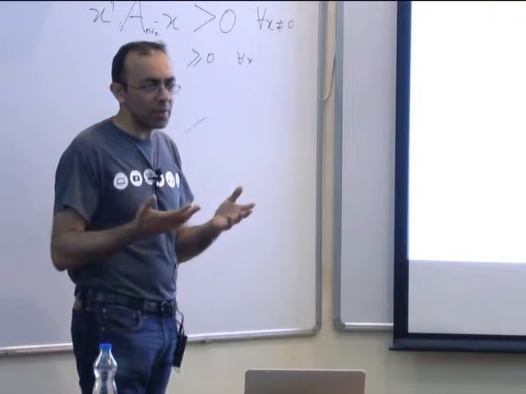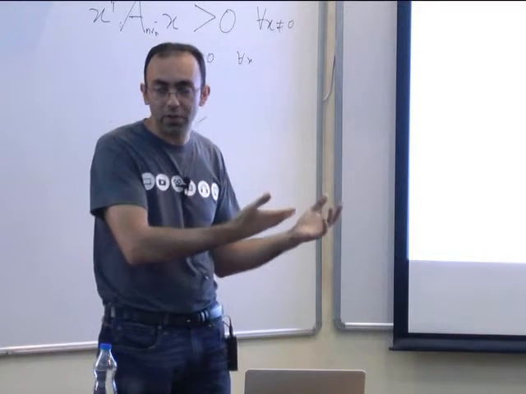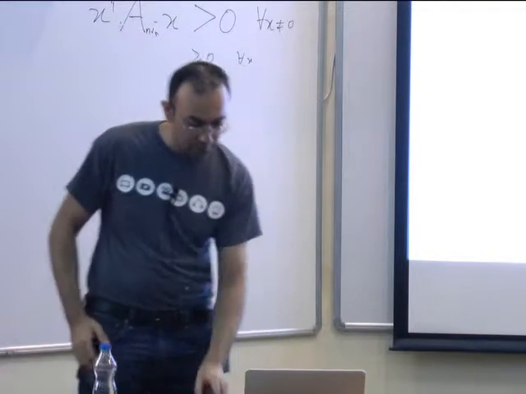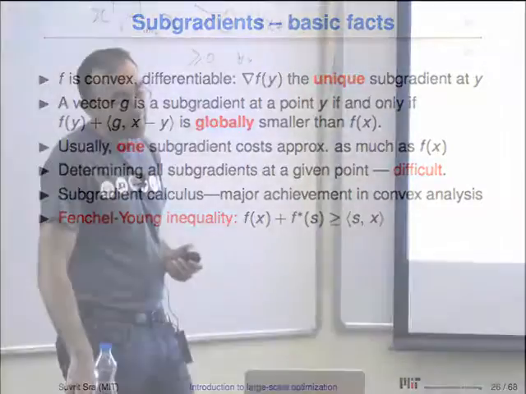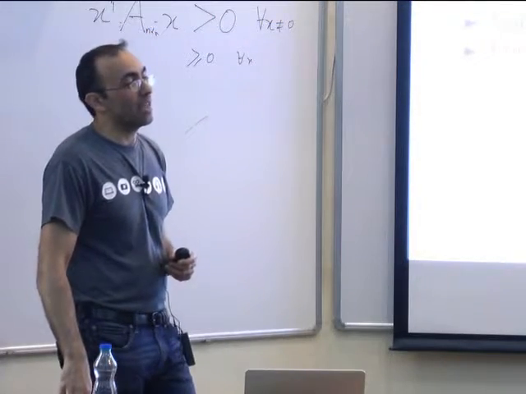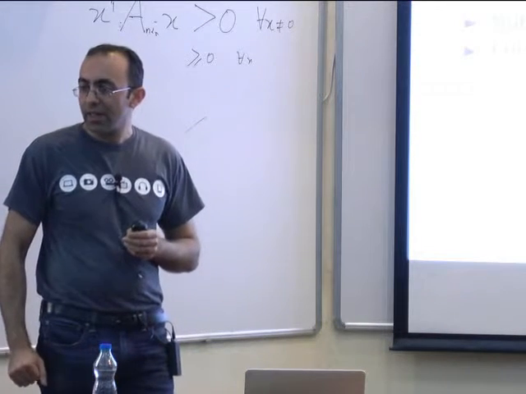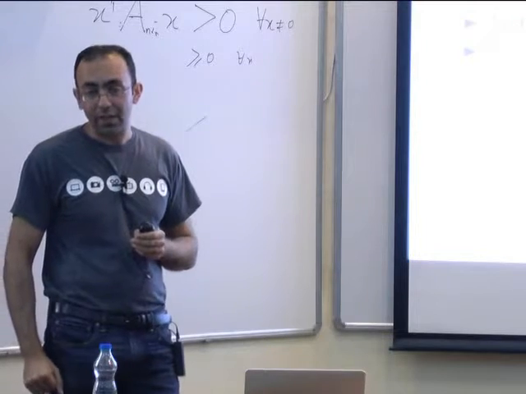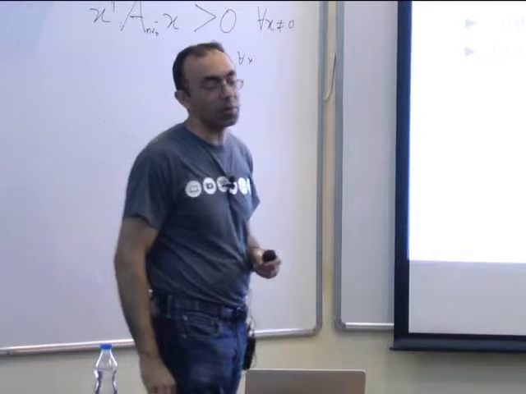And many of the things that I'm saying right now will become more concrete once we start looking at actual algorithms that consume these convex objects. You may be able to pull out one subgradient, but if you want to characterize all possible subgradients at a given point, that is quite a difficult task, and usually we'll never attempt it, so we don't have to worry so much about that.